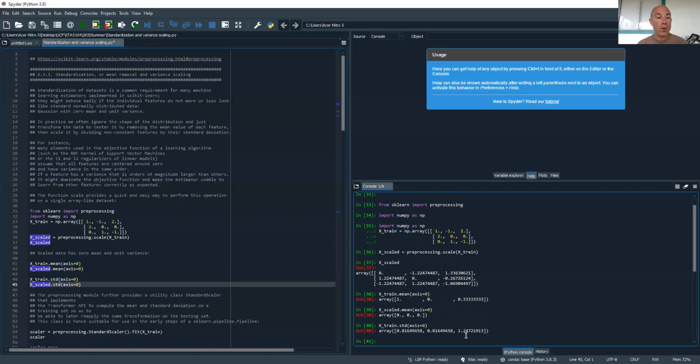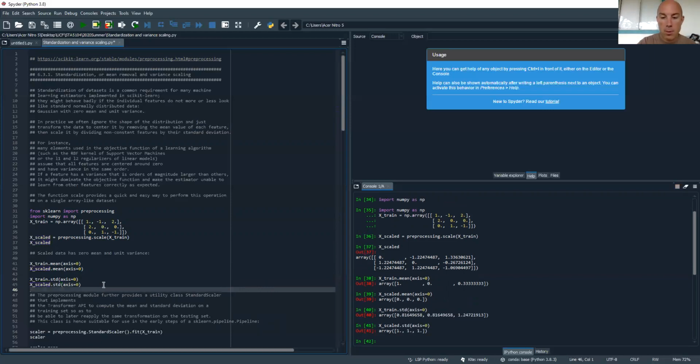Okay, so when we rescale, we get a new standard deviation. If I compute the standard deviation of this column of the new data set, I would get a standard deviation of 1. If I compute the standard deviation of -1.2, 0, and 1.2, I would get a standard deviation of 1.